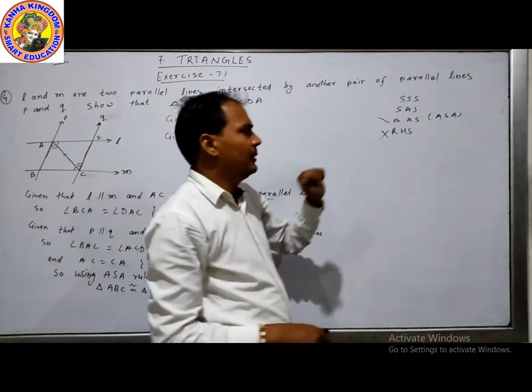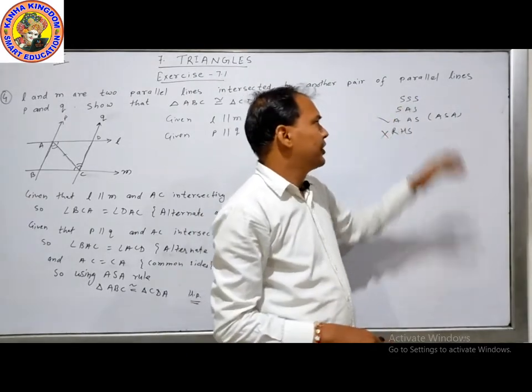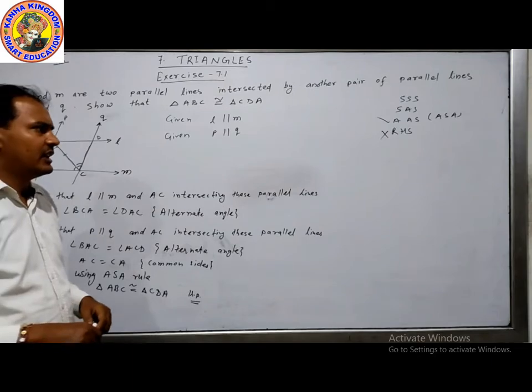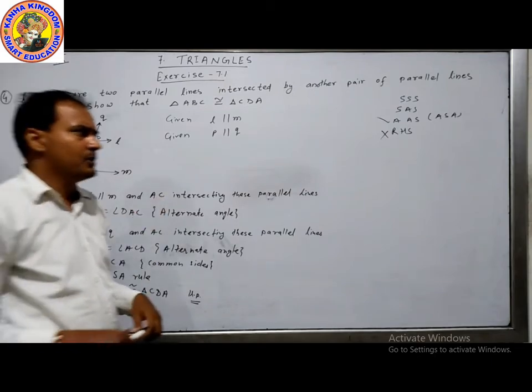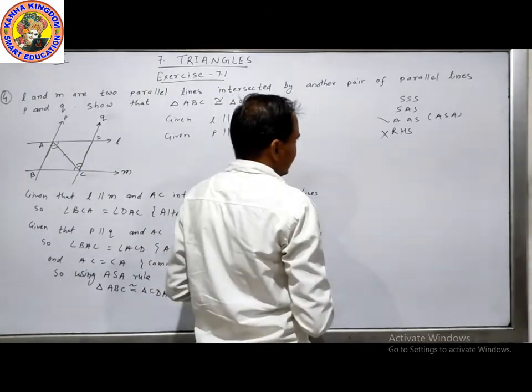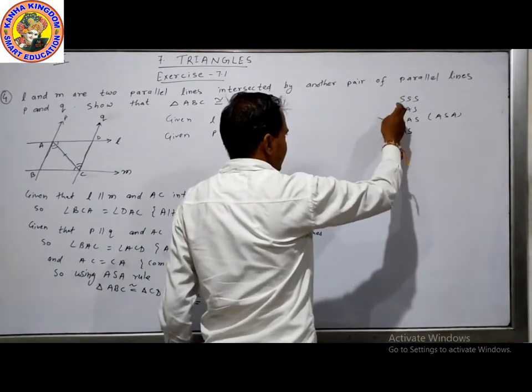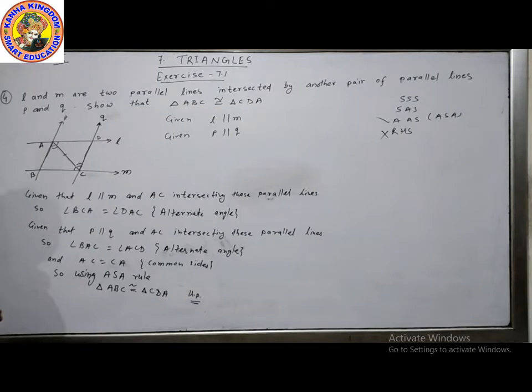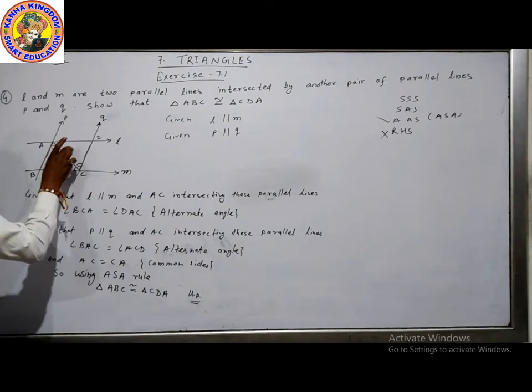There are four rules of congruence of triangles: triple S, SAS, ASA or RHS. There is no right angle, so we cannot use the RHS rule. Remaining is triple S, SAS or AAS, or we can say the ASA rule. In this diagram, there are two triangles.